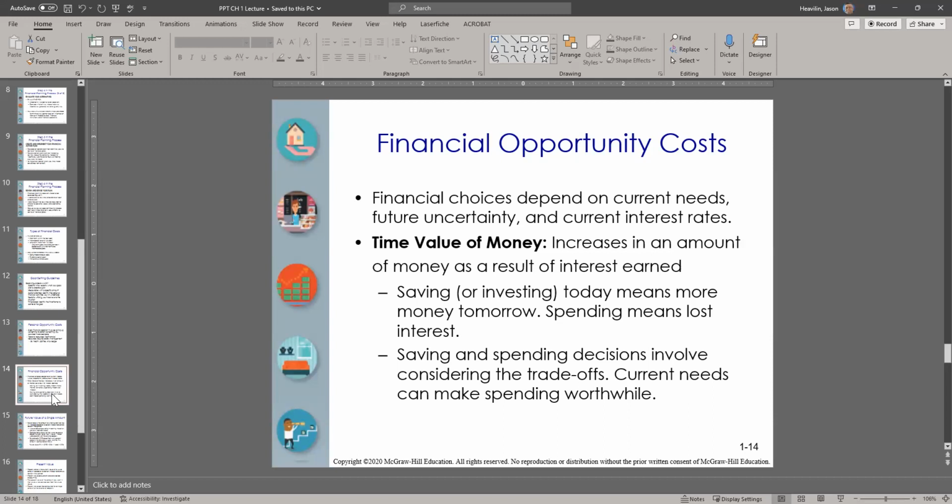There is risk and uncertainty, but the goal is that sometime in the future, you will have more money. And we're going to call that interest earned. It doesn't have to be a bond specifically or some type of interest earning tool. If you put it in a stock and it grows, we call it capital gains, but it's the same concept. You earned some money at a certain rate of return.